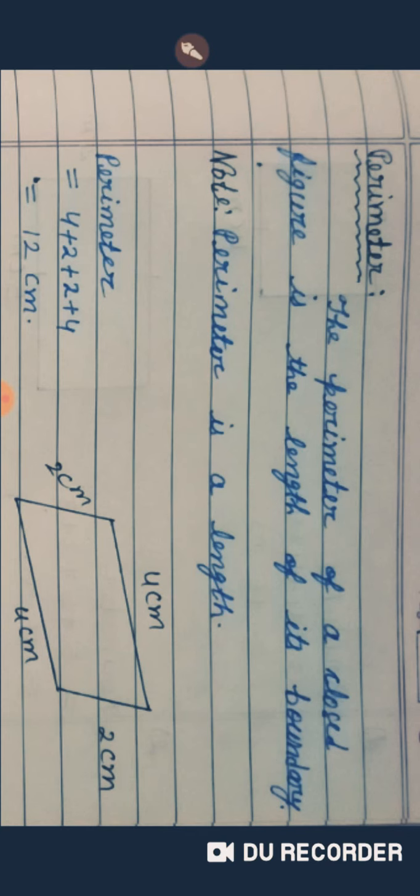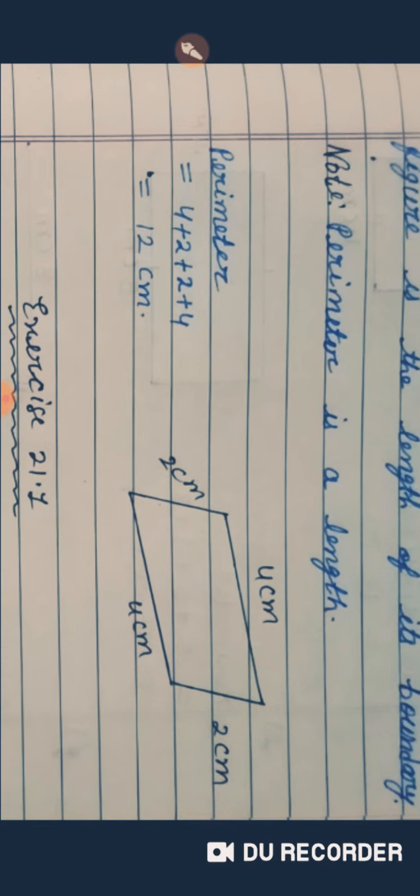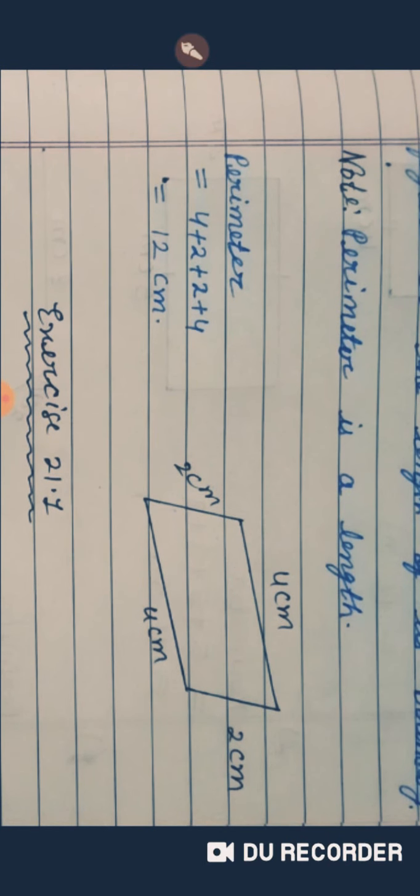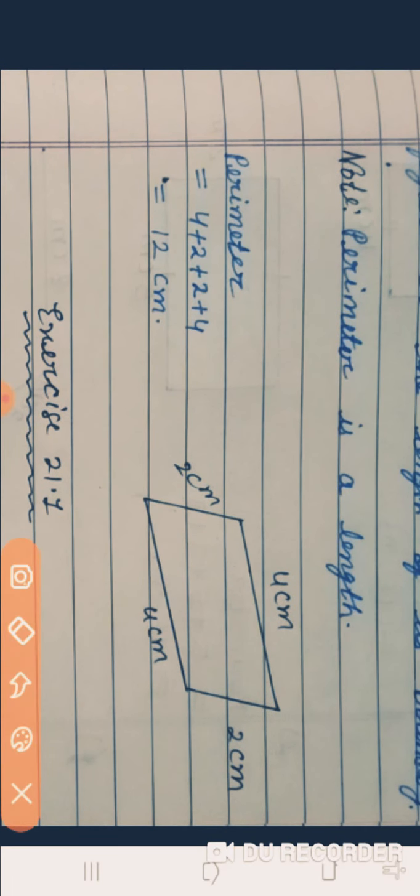For example, suppose this is the picture which I have taken here. This is a closed figure. You can see from here, this is one side, second, third and fourth. So what should be the perimeter? The addition of the length of all the edges. 4 plus 2 plus 2 plus 4 is equal to 12 centimeter.